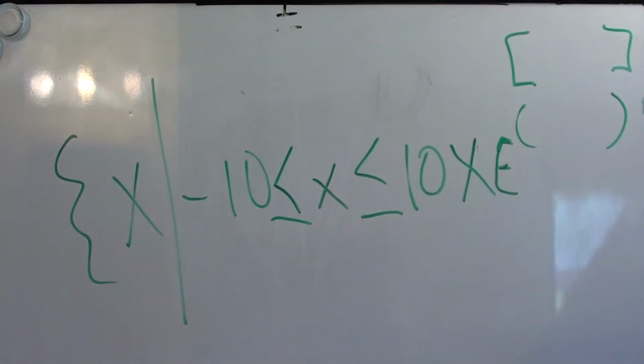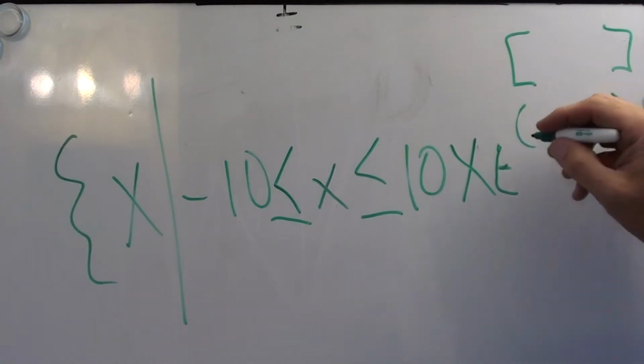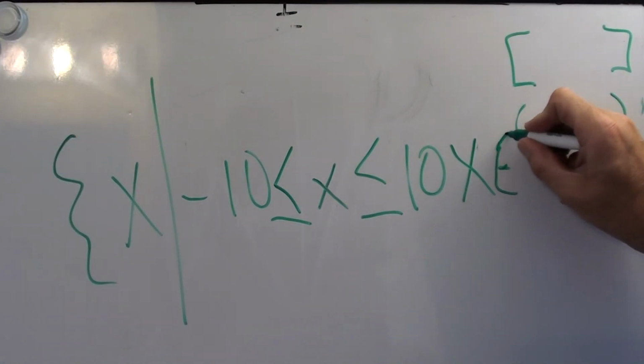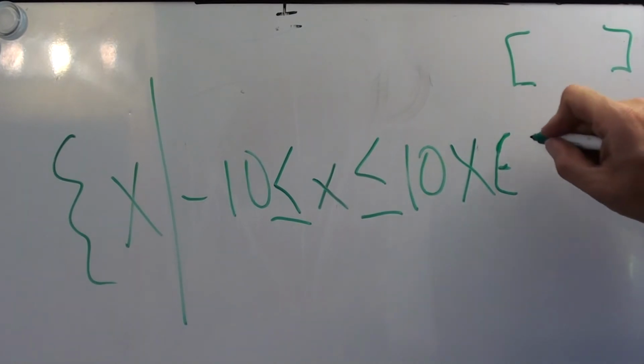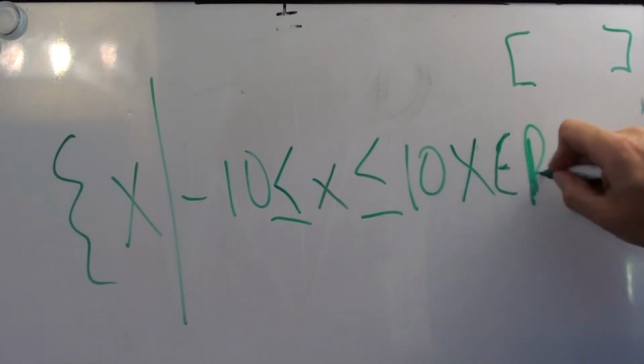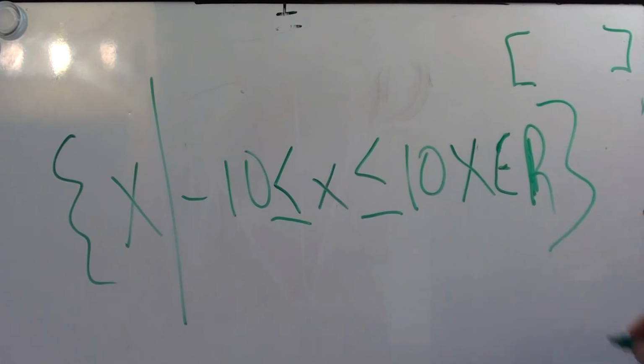I don't want to call it an E, I shouldn't have called it that. In fact, this goes a little bit more up this way. Yeah, so that means all numbers that x can be, including all values, and then we're looking at all real numbers. So we go up and we close our bracket.